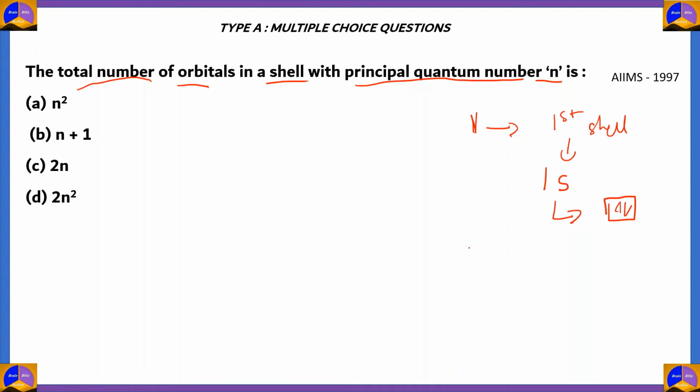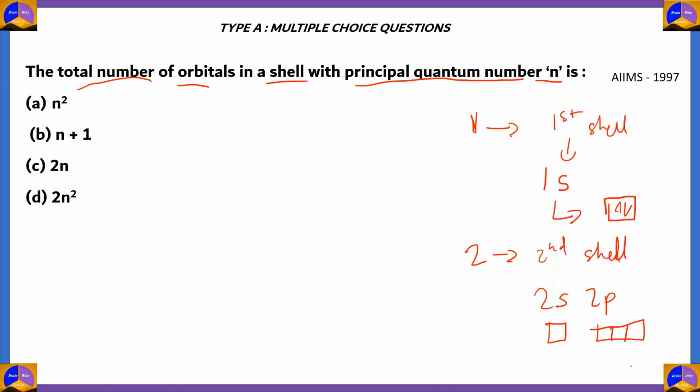What about the second shell? When quantum number is 2, the second shell has the subshells 2s and 2p. 2s has 1 orbital and 2p has 3 orbitals.